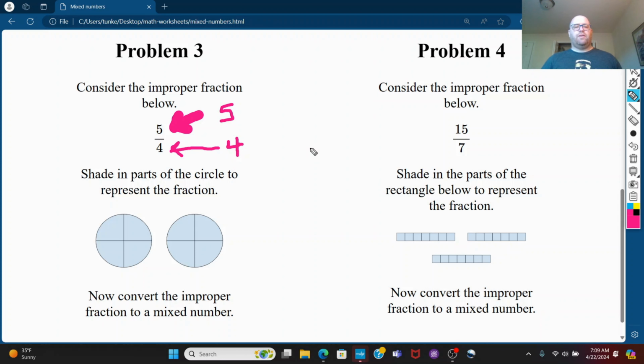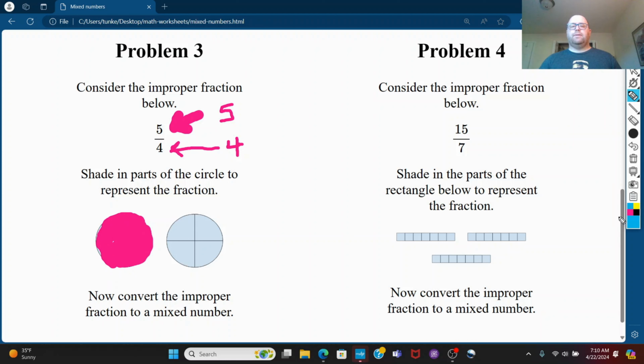And first, we want to start off by shading in 5/4, okay? So a way we could think about this is, well, we have to shade in 4 out of 4. That's going to be 1 whole. So maybe let's color code this in pink. So we have 1 whole here.